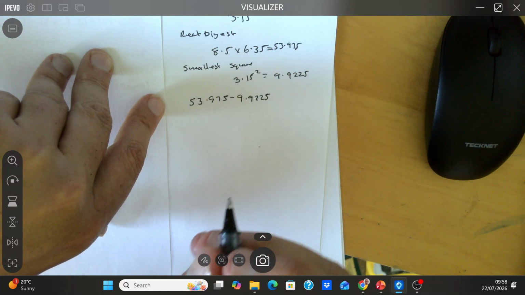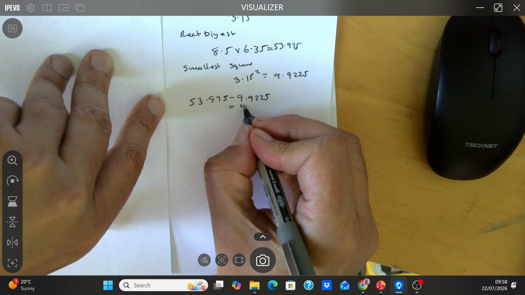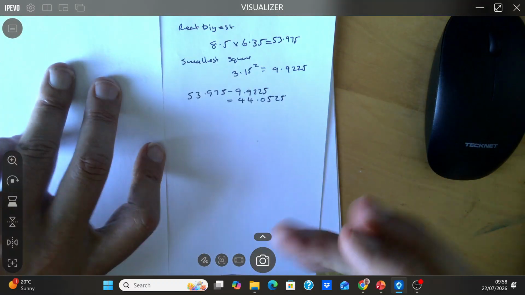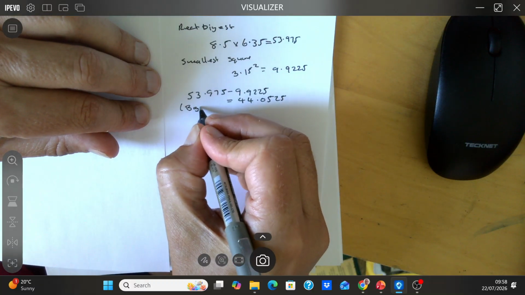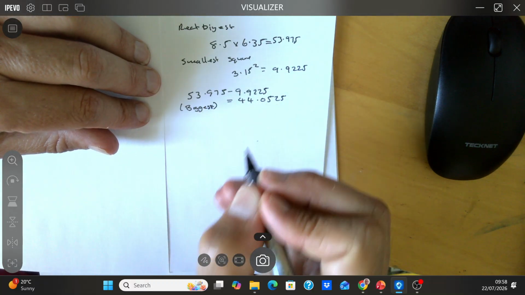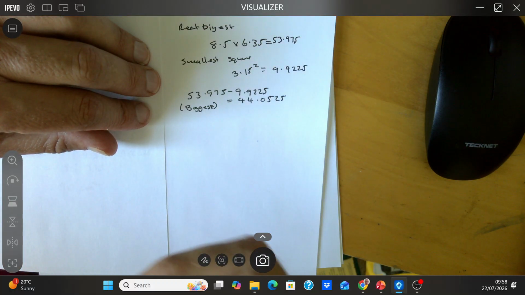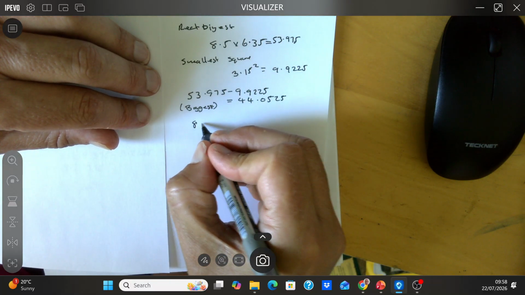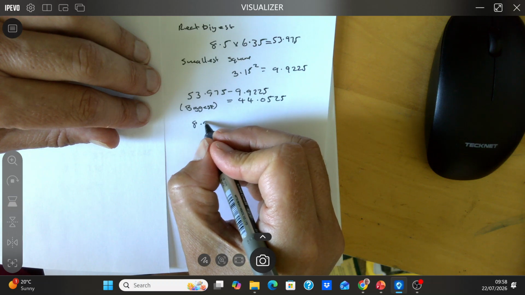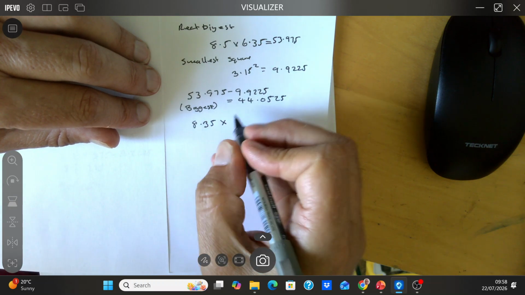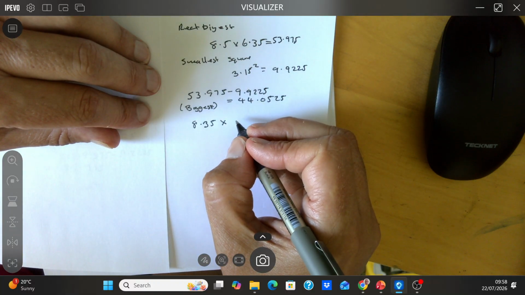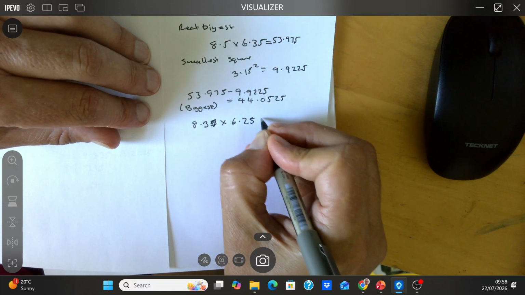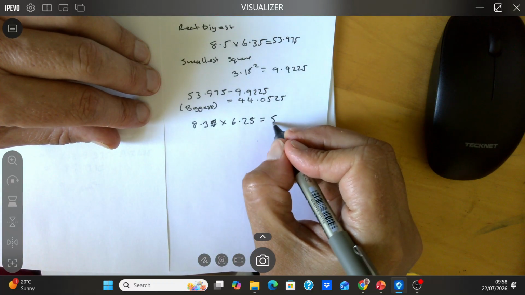Work that out. So that is biggest. What we're going to do now, correct, is work out the smallest rectangle. Write your calculation down. Work it out.